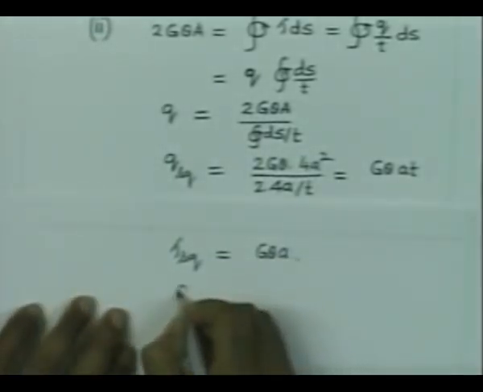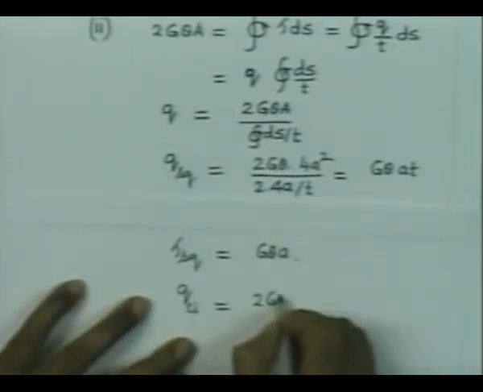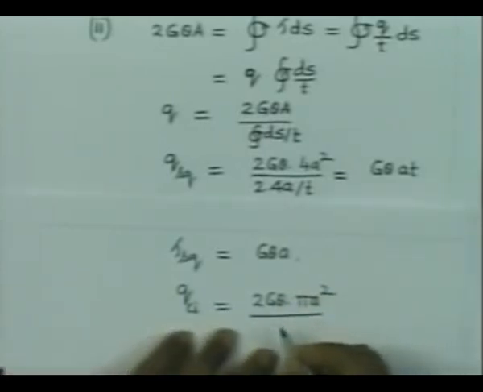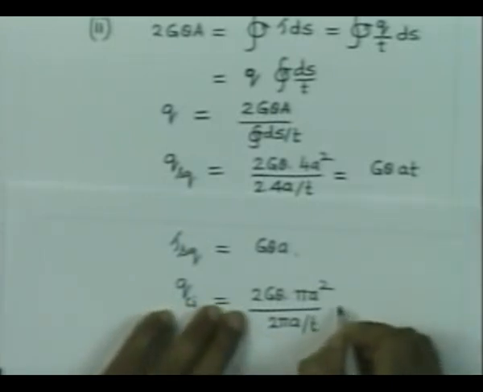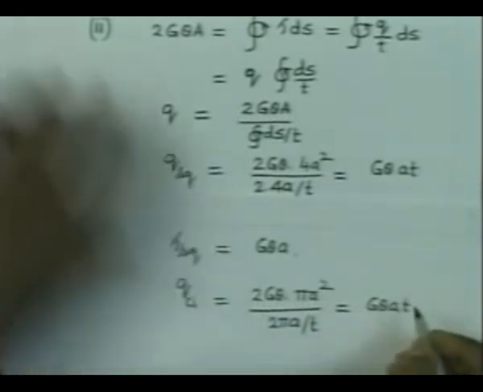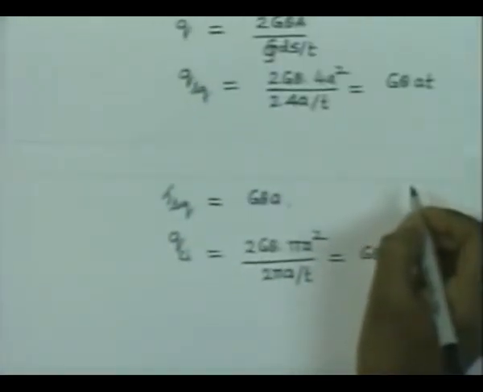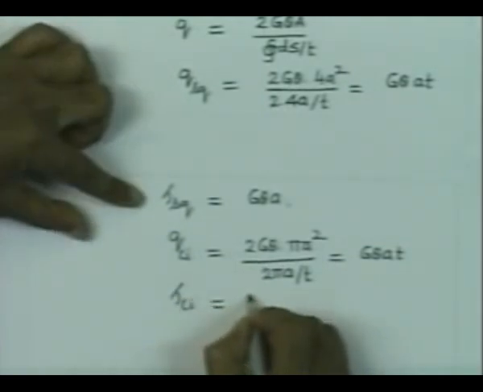Now, for the circle, q circle is 2G theta pi a square, and we have 2 pi a by t, and once you simplify, it is G theta a into t, and hence we can write tau circle is equal to again G theta into a.